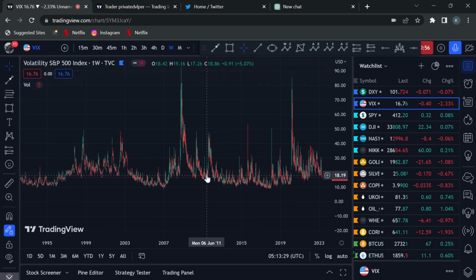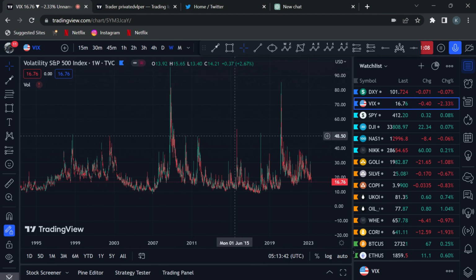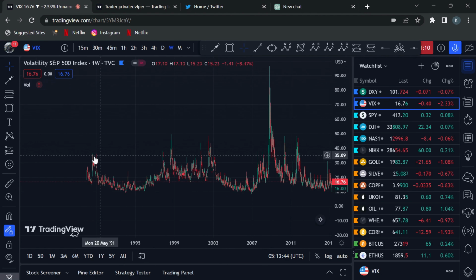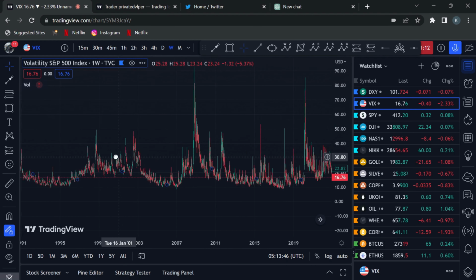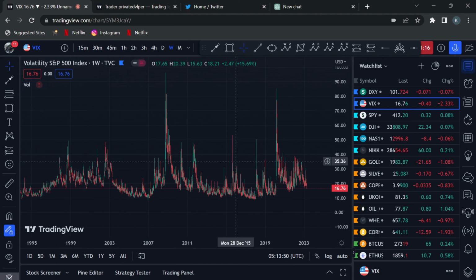So this is the volatility index chart, the price chart from 1990, and the volatility index is the investor fear gauge, because the index reveals sentiment and risk appetite in the stock market.